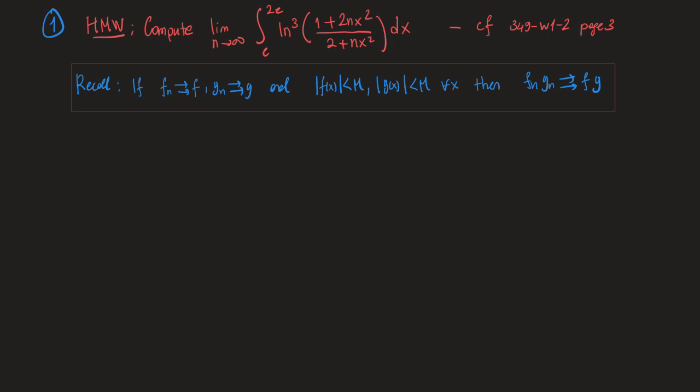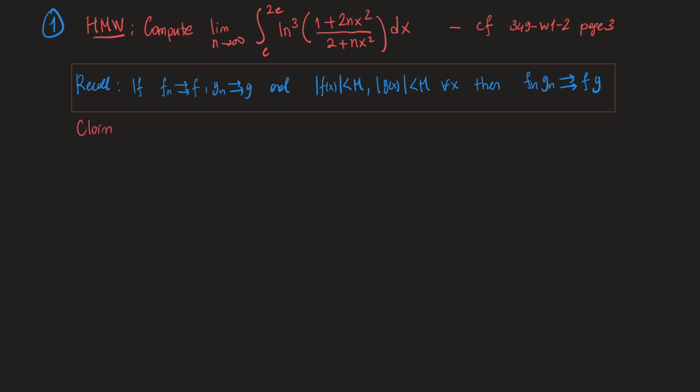So I'm just going to use this to eliminate the power 3, right? Because if I can prove without the 3, just ln of this thing, is uniformly convergent on this interval, then the power 3 is also uniformly convergent by using this fact. So let me prove this claim.